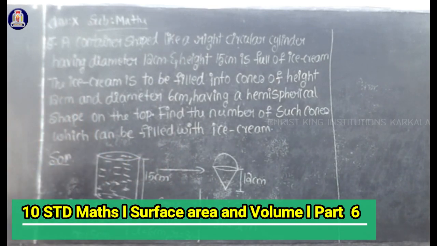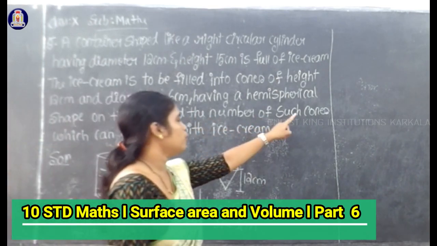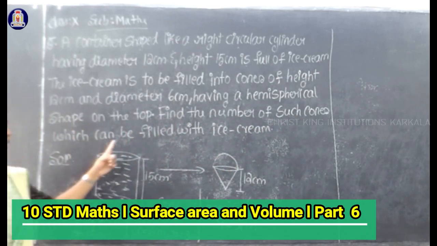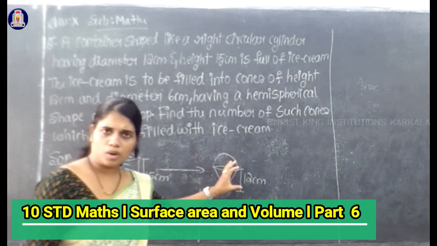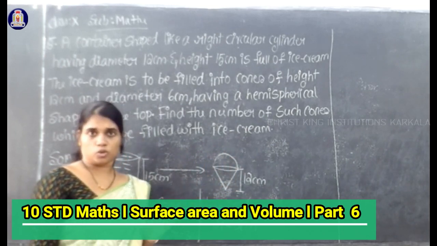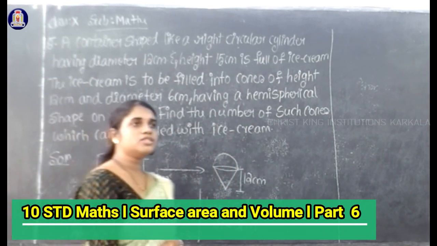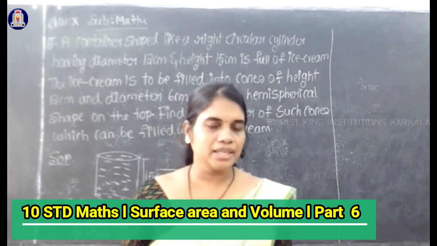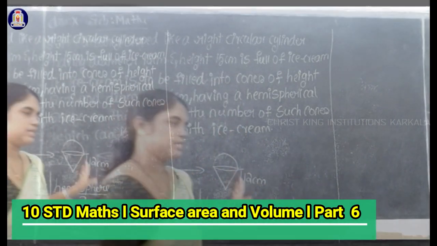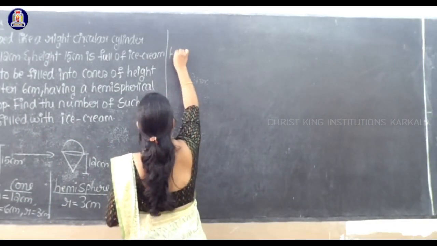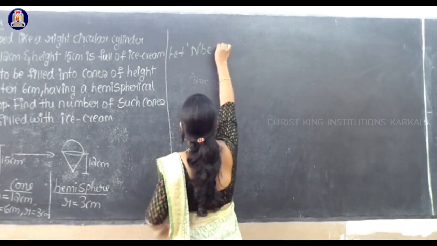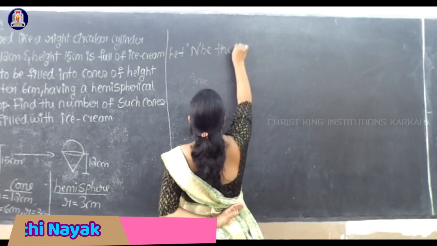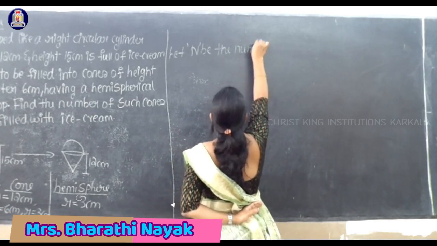Find the number of such cones which can be filled with the ice cream. So let capital N be the number of ice cream cones I consider.